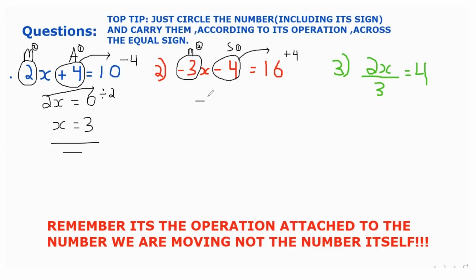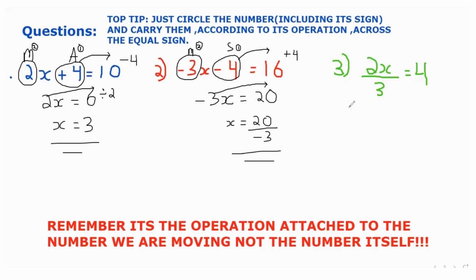On the left hand side I still have the minus 3x, and on the right hand side 16 plus 4 is 20. When I carry across this multiply with the negative 3, it's not going to switch to 3, because it's the operation we carry across, not the actual number. So 20 divided by negative 3, and I'll leave it like that, no decimals here.